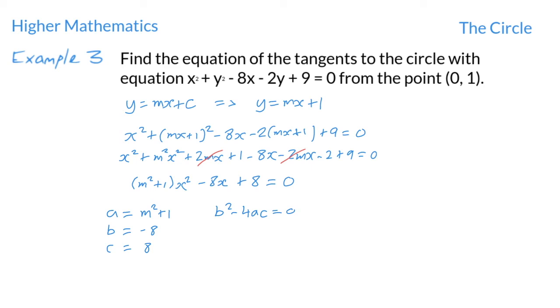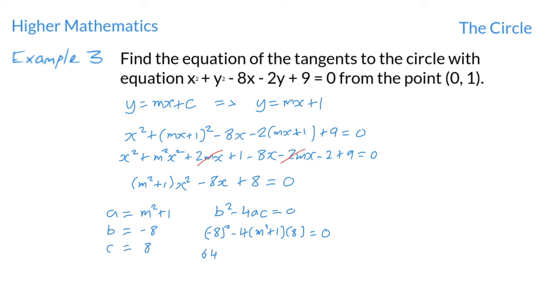Because this is a tangent, there's only one solution to this quadratic, which means that the discriminant must equal 0. If we now input those values carefully, we'll be able to solve for the value of m. In this case, the values of m.